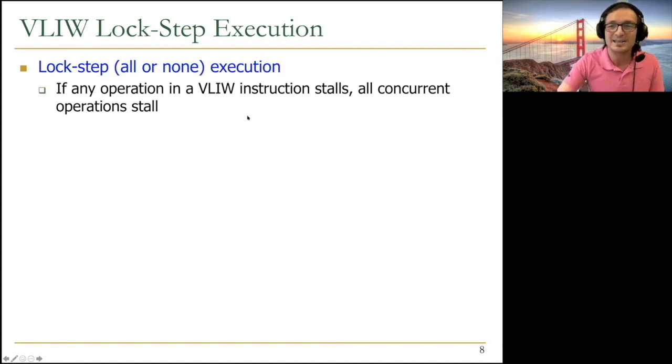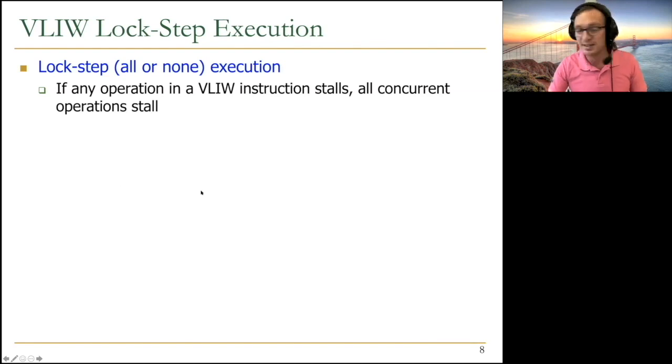Okay, somebody's asking, is lockstep execution related to atomic operations? No, not necessarily. Atomic operations are also all or none. That is true. But in this case, the lockstep execution is really across instructions that are independent of each other, that don't have to be executed atomically. It's really just the philosophy of the design of the machine.